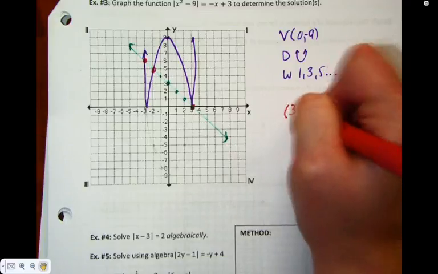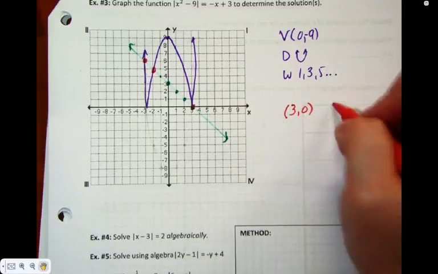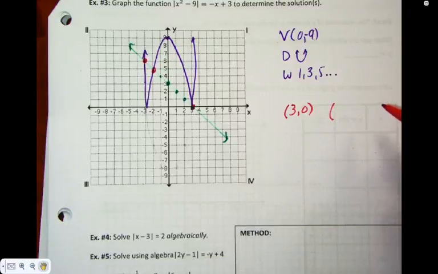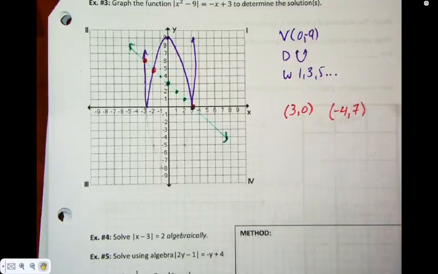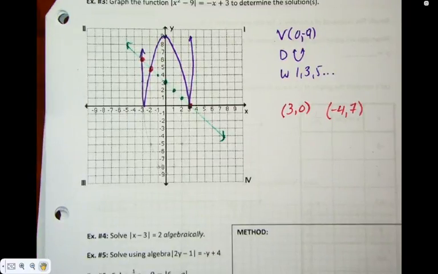Would that be 1? -4, 7. Yeah, it's a 7. Because that's actually a 1 there. Oh, I don't even have that on there. And then if you're confused, ask questions.